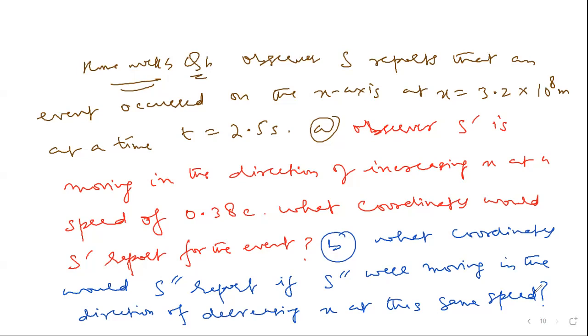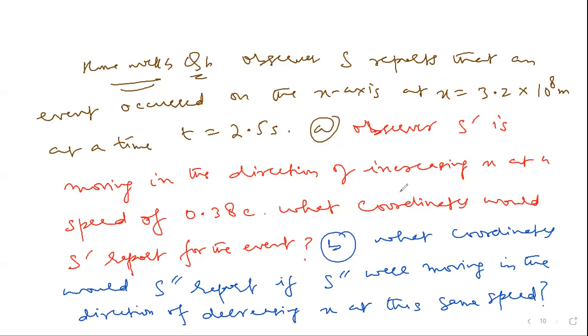What coordinates would S prime observer report for the event? Part B, what coordinates would S double prime, another observer, report if S double prime were moving in the direction of decreasing x at this same speed?